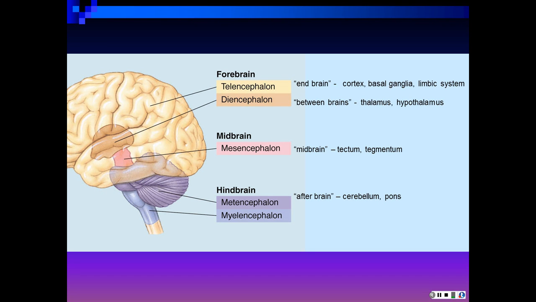So that, along with the cerebellum, which actually goes this way, are the afterbrain, or metencephalon. And then the myelencephalon is the medulla oblongata, which is this sort of swelling right below the pons and the top part of the spinal cord.